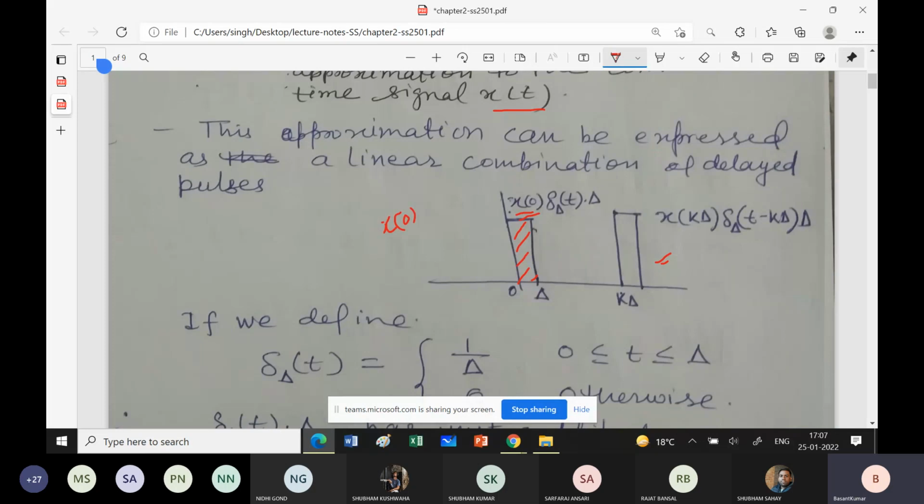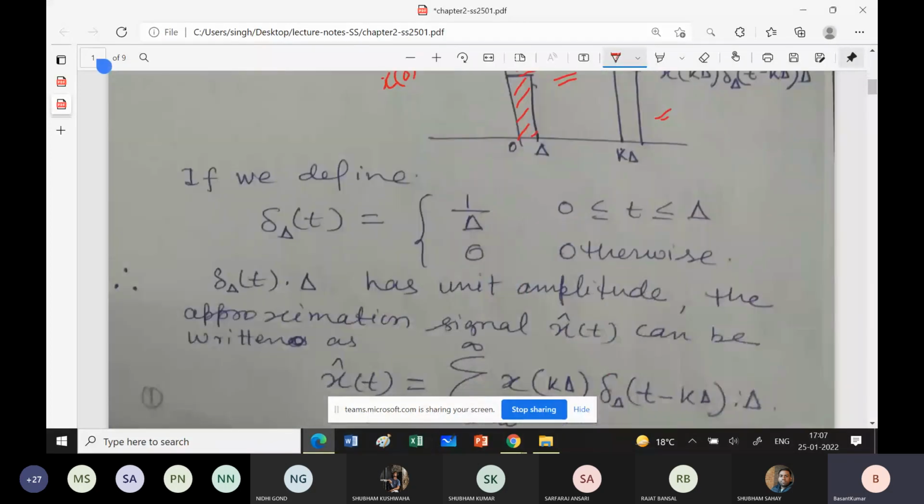Then this delta function is defined earlier. We have also defined this. So this delta function is defined as 1 upon delta, which is nothing but the slope 1 upon delta, for the range t greater than or equal to 0 and less than or equal to delta, and it is 0 otherwise.